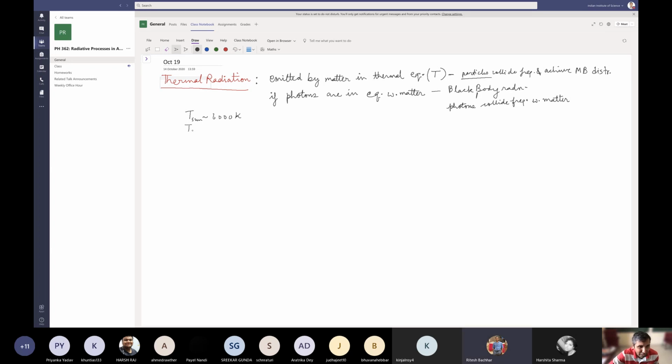Our Earth's atmosphere temperature is about 300 Kelvin. So the matter in the atmosphere is in thermal equilibrium, but this is not emitting black body. If it were emitting black body, it should have been at 300 Kelvin.